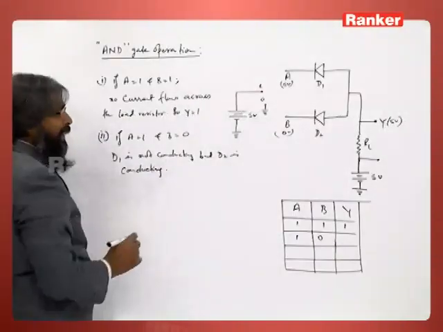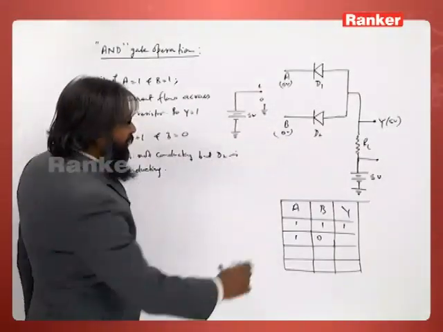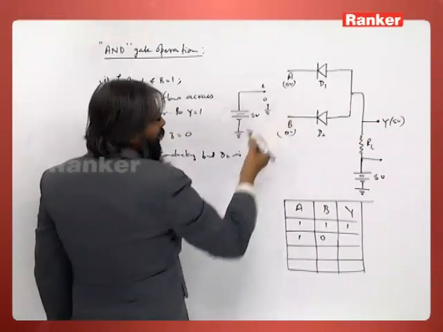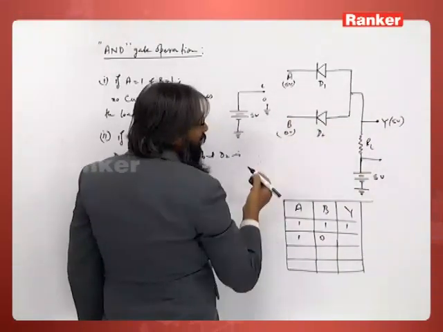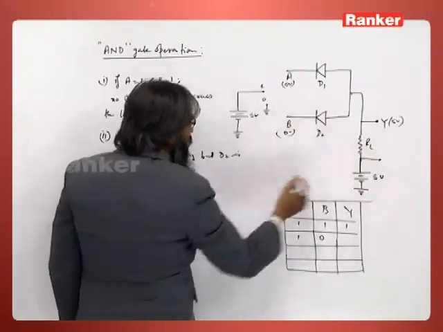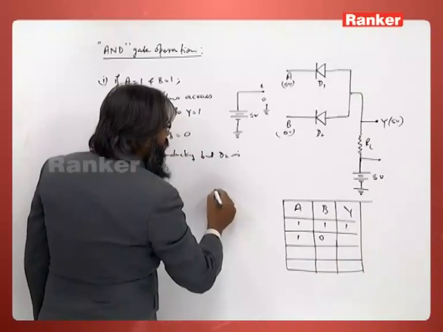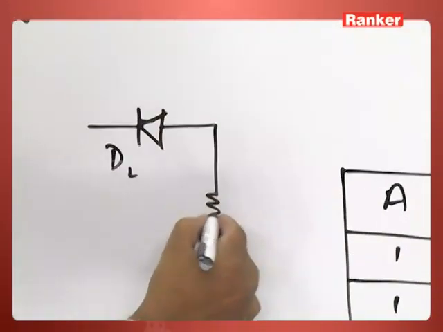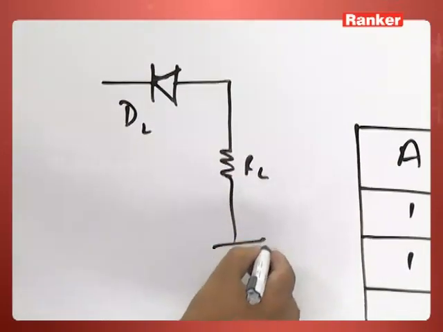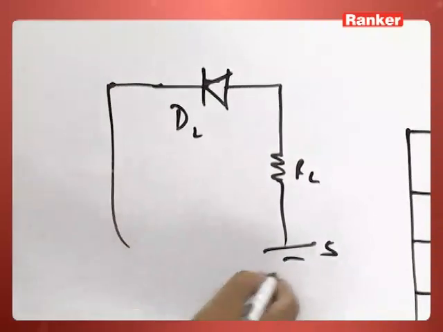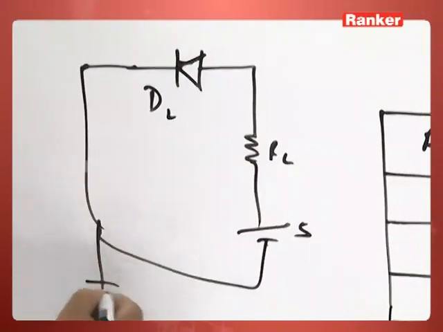So, D2 is conducting. When D2 is conducting, current flows along this, and so there is a potential drop here. Just see this circuit: this D2 diode, this load resistor, and this 5 volts and then it is connected to 0, which you can say is connected to earth.